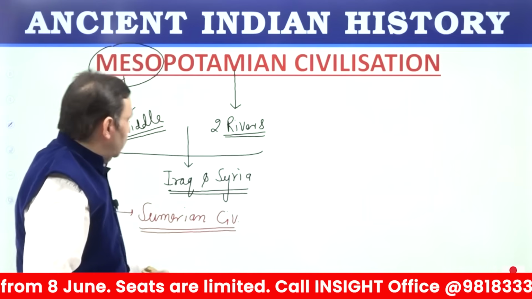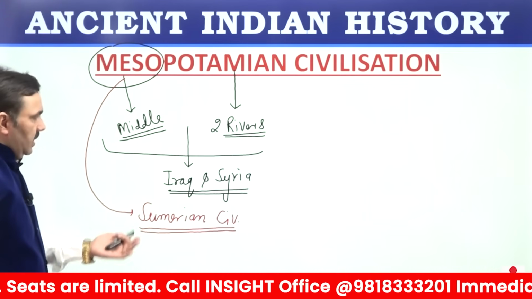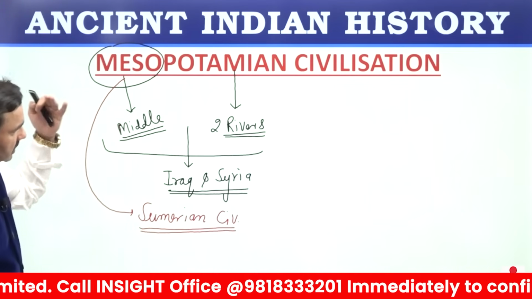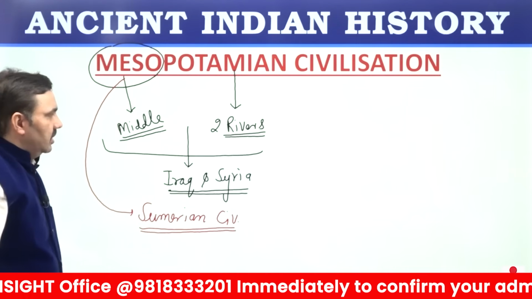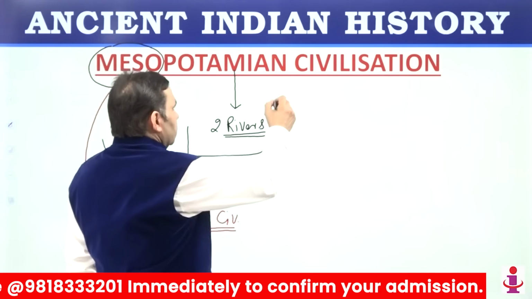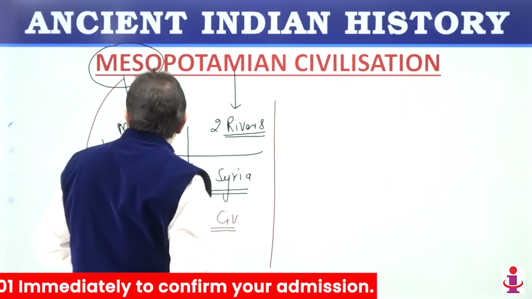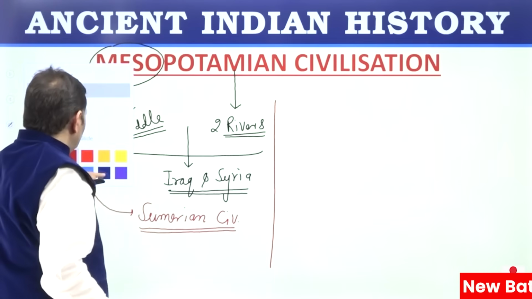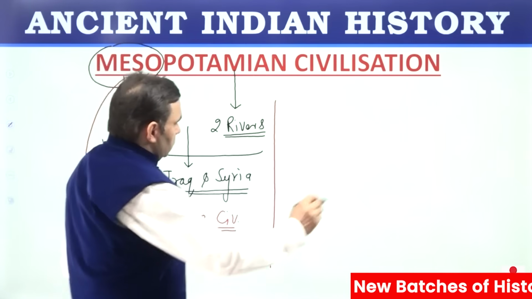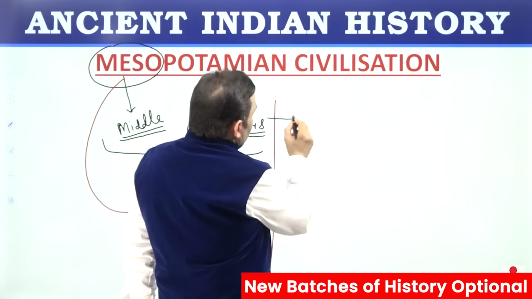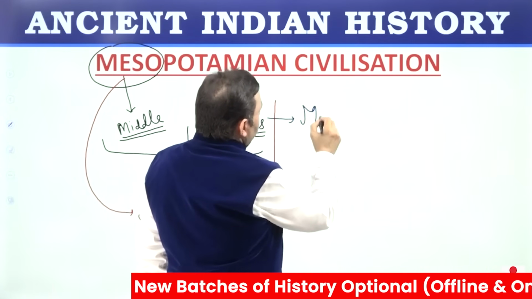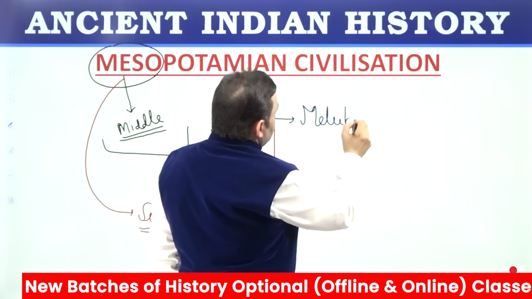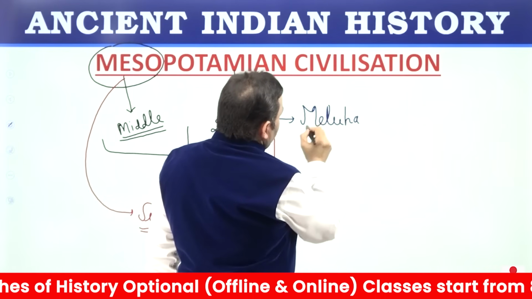Mesopotamian civilization or Sumerian civilization was contemporary to Harappan civilization. Harappans used to have trade relations with Mesopotamians. They used to go to this civilization through land routes as well as through sea routes. The Mesopotamians used to refer to Harappan civilization as Meluha.